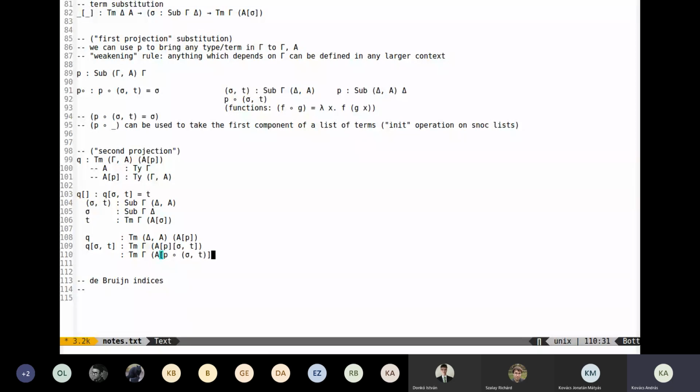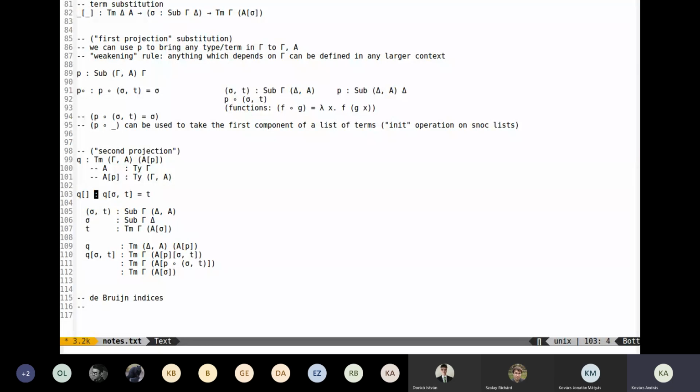So then this becomes this. We have a computation rule for P composition, and the computation rule for P composition says that this is just this. So we see this equation, and on the left-hand side, we have a term with this type. And on the right-hand side, we also have a term with this type.